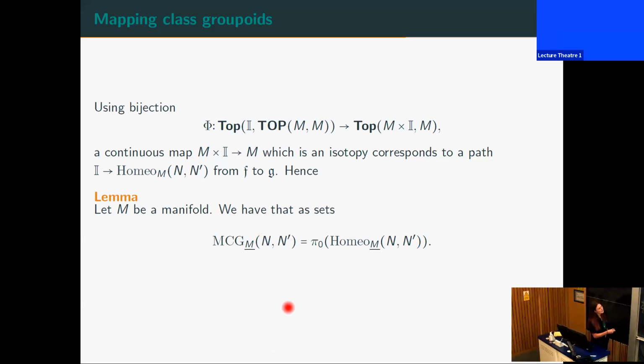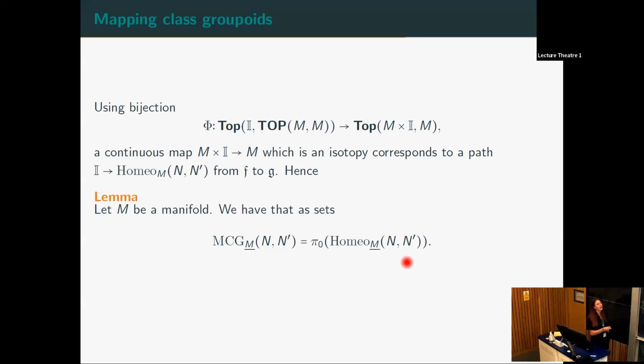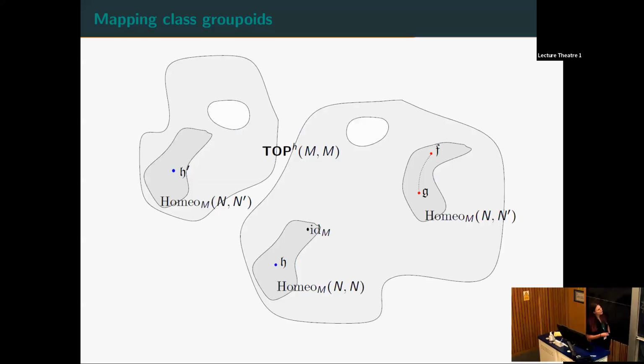And so what that tells us is that as sets, these morphism sets from n to n prime are really just the pi zero of these spaces of homeomorphisms from n to n prime. And so we can represent that pictorially. So before we had this top Hom, and then we had these paths starting at the identity, and then we had to map these squares in.